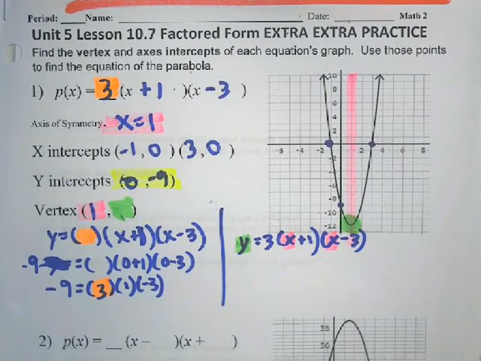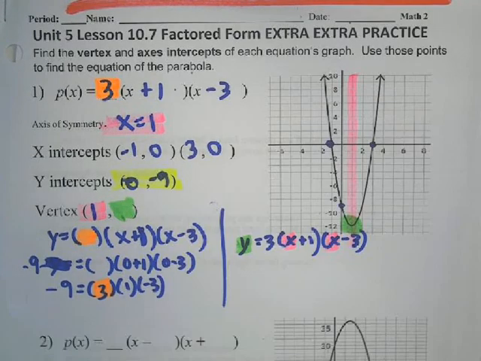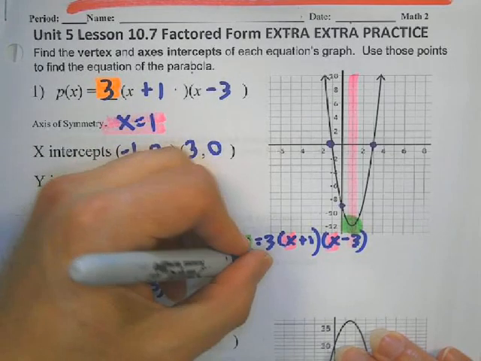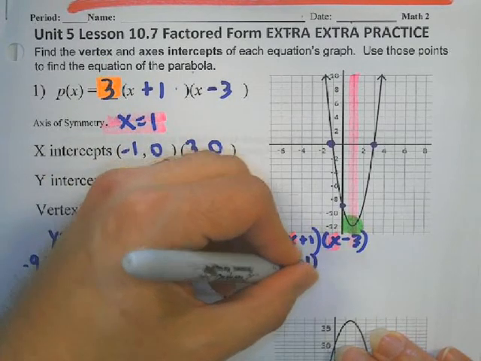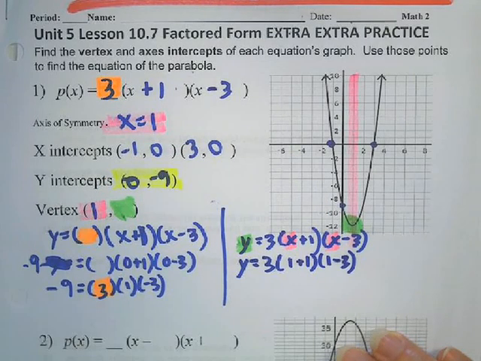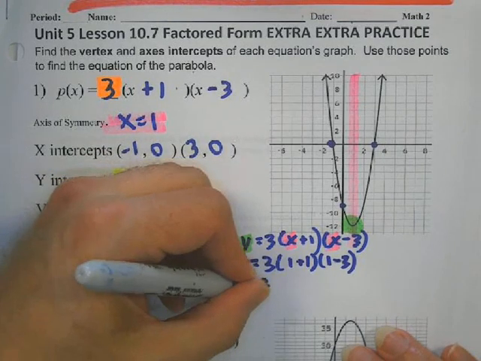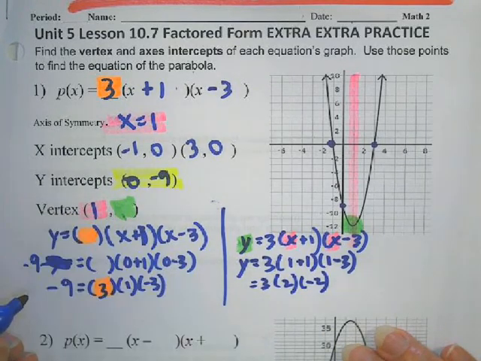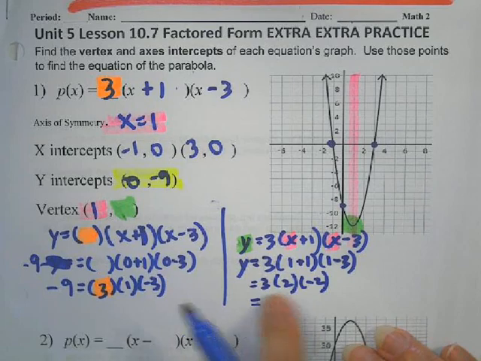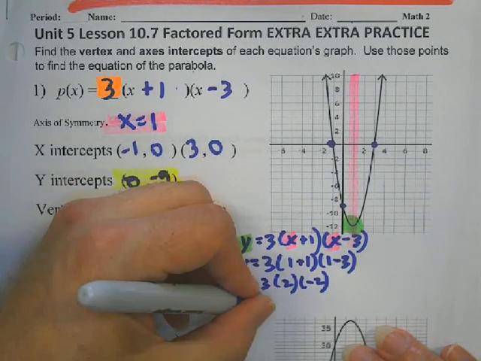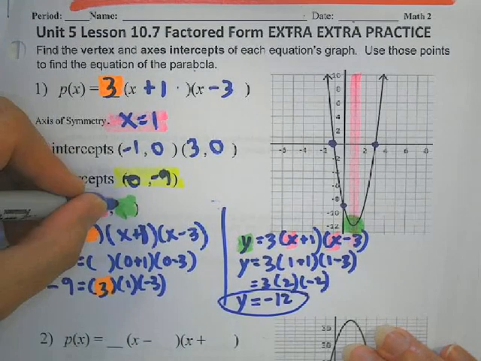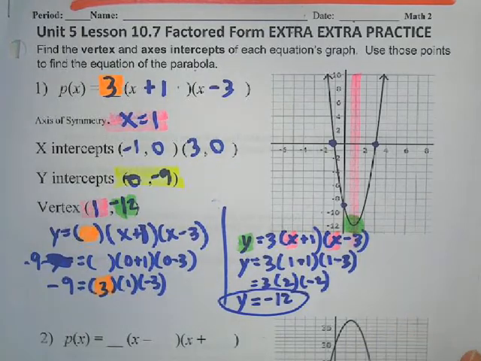The vertex is on the pink axis of symmetry. So we're going to replace x with 1, and we get 3 times 2 times -2. 3 times 2 is 6, and 6 times -2 is -12. So now I know that y value is -12. All right, let's do the next one.